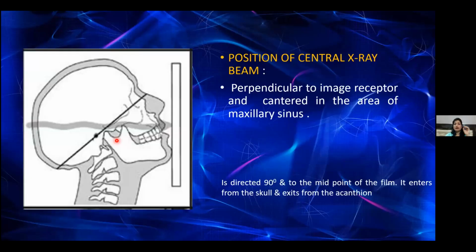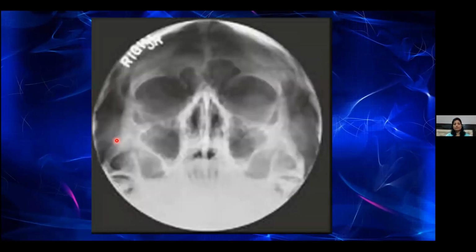And the other thing is that the central X-ray has to be directed in the area of the maxillary sinus. It is entering through the skull and exiting at the acanthion over the maxillary sinus, perpendicular to the image receptor. Clear? So this is the view. I can see the frontal sinuses, I can see the maxillary sinuses, and if there is open mouth, I will be able to see the sphenoidal sinuses. Okay?